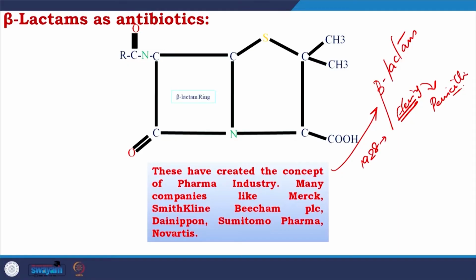All those pharma industries were actually coming up with one or the other derivative of a beta lactam. So companies like Merck, SmithKline Beecham, Daiichi Sankyo, Sumitomo Pharma, Novartis, which are big giants now, started with the beta lactam.